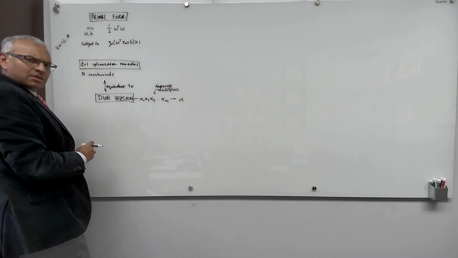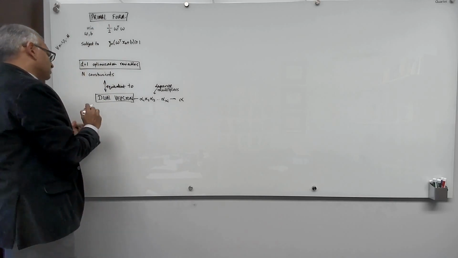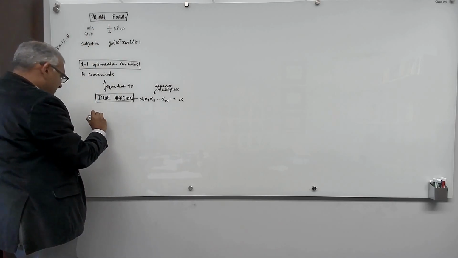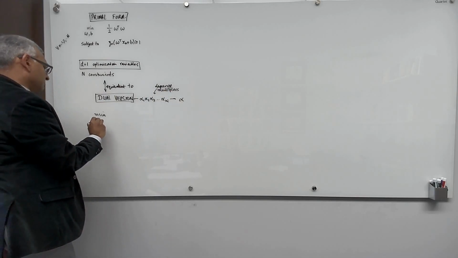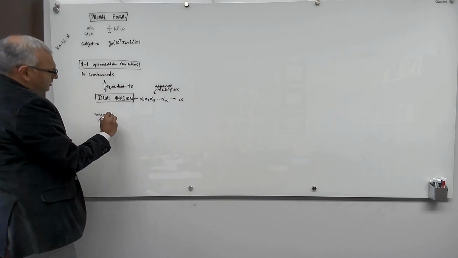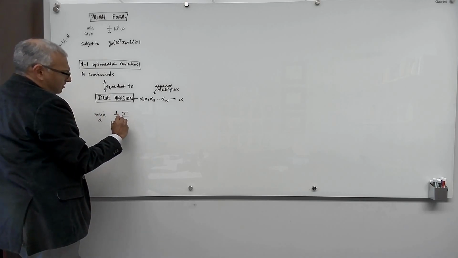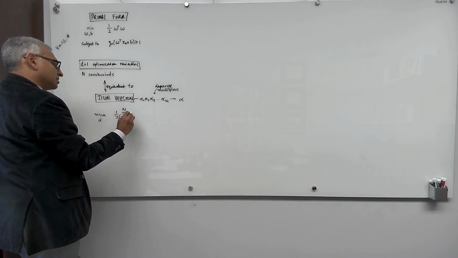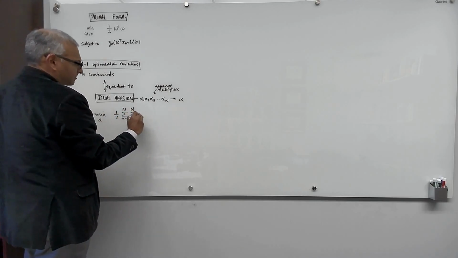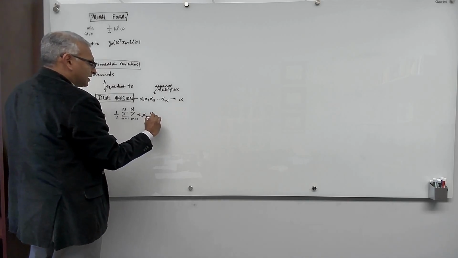Now don't worry so much about the notation. What I'm saying is that this optimization problem is equivalent to another optimization problem, which is: minimize with respect to alpha, 1/2 the sum from n equals 1 to big N, the sum from m equals 1 to big N, of alpha n, alpha m, yn, ym.